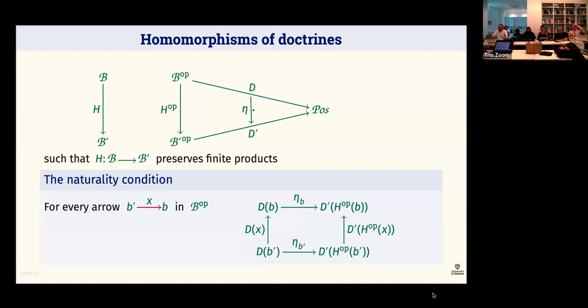As I said, this triangle is not commutative. I see. So it's just a functor. It's a morphism. It could be a functor between B and B prime that doesn't preserve products, certainly, but I'm not interested in those. Right, so we are interested in it too.